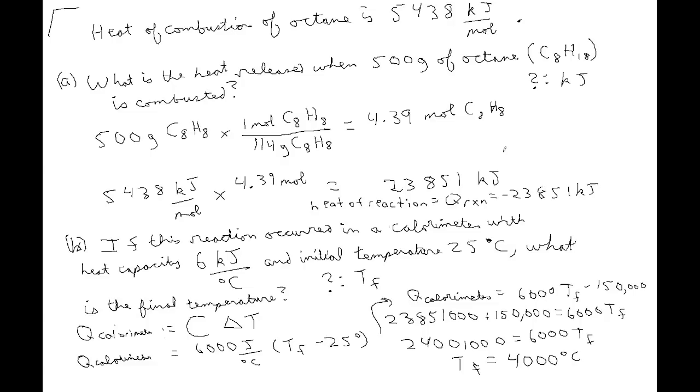Does that make any sense? Yeah. Okay. So that's a little bit of a subtle issue. If you say the heat of reaction is, you need a plus or a minus sign to show whether heat is being absorbed or released. But if you say the heat released is, then you don't need a negative sign because you already said that the heat was being released by saying the word released. All right, it's a little hard to put that into words, but that was a good point.